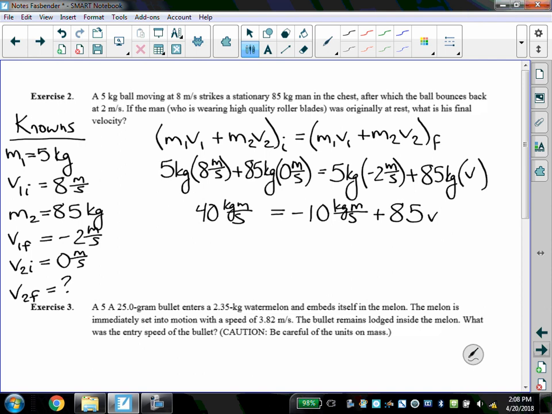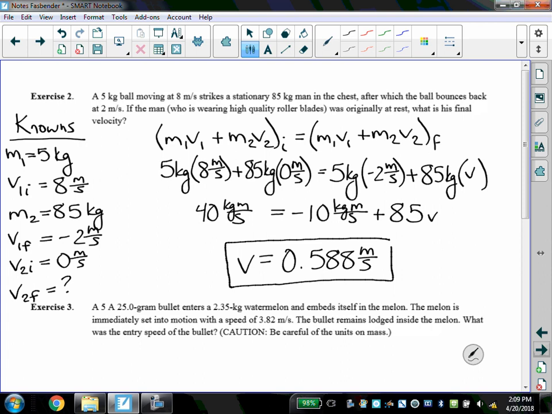So we add 10 to the other side, we end up with 50 equals 85V, and when we finish off the algebra in our calculator, we get that the speed of the man is 0.588 meters per second. And that is a positive 0.588 meters per second, which makes sense. He should be moving in the positive direction if he's getting hit with a ball that was moving in the positive direction.